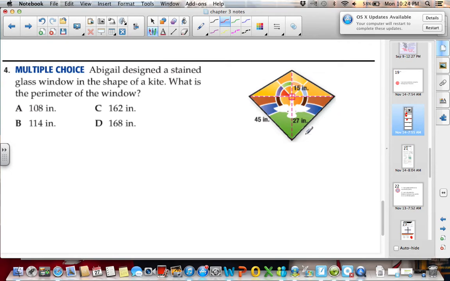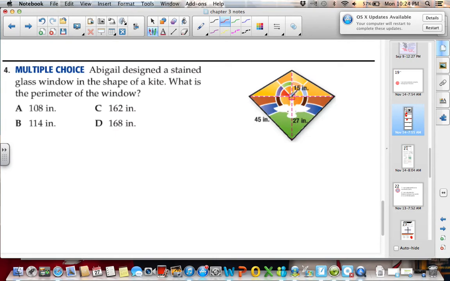of the kite-shaped window. Okay, so I can look and I can see this is the only triangle right here, this one right here, that I'm given 2 of the sides, because this 27 goes with this length right here.